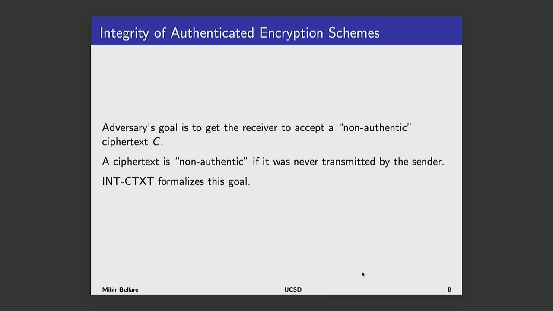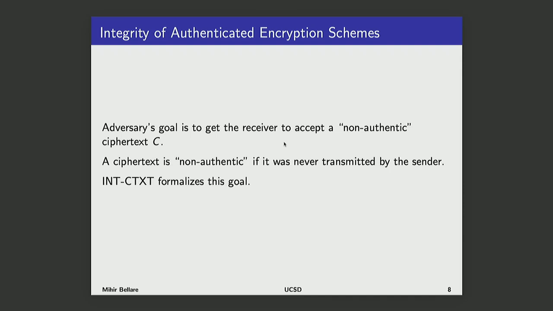Okay, so the new thing now is we want to talk about integrity. And here we see the adversary's goal as targeting the receiver. And what it wants to do is get the receiver to accept a ciphertext, even though that ciphertext is non-authentic, meaning the sender never created it.